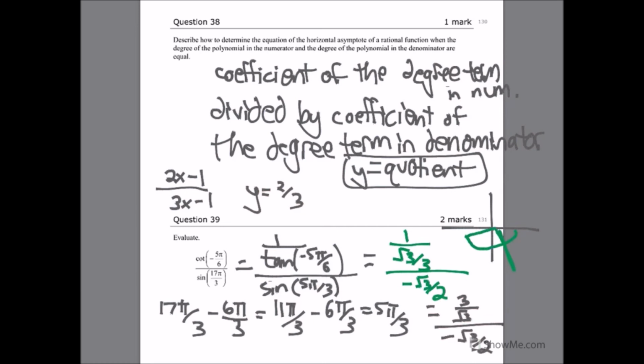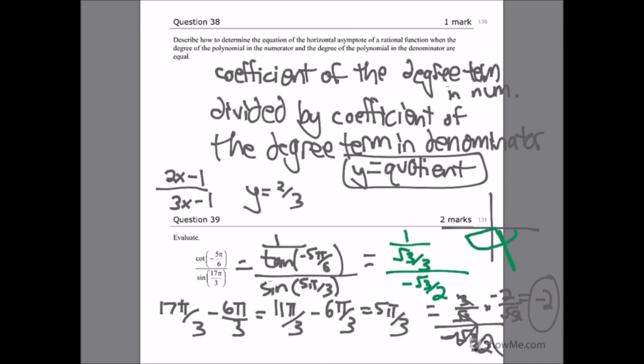Instead of dividing by the fraction, we can flip that fraction and multiply, so 2 over root 3 negative. And root 3 times root 3 is 3, so that cancels with the 3, and we're just left with negative 2.